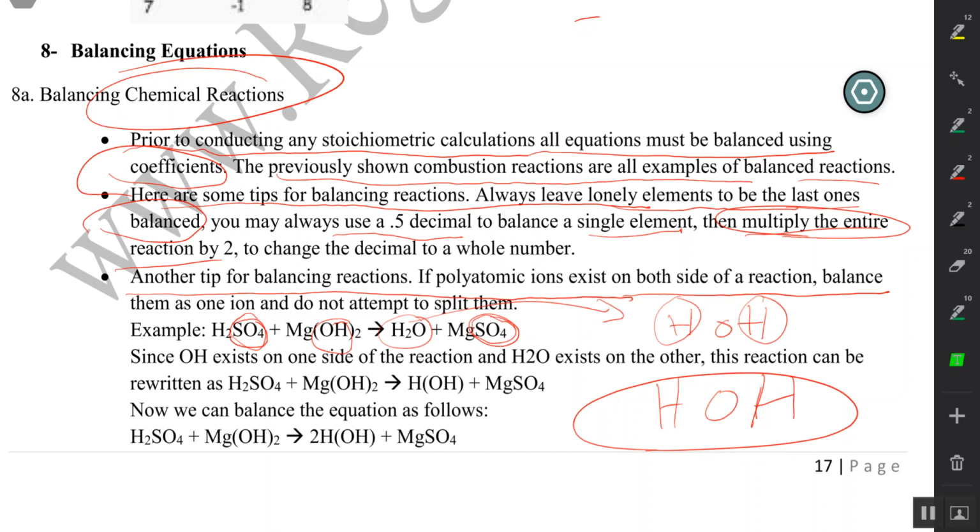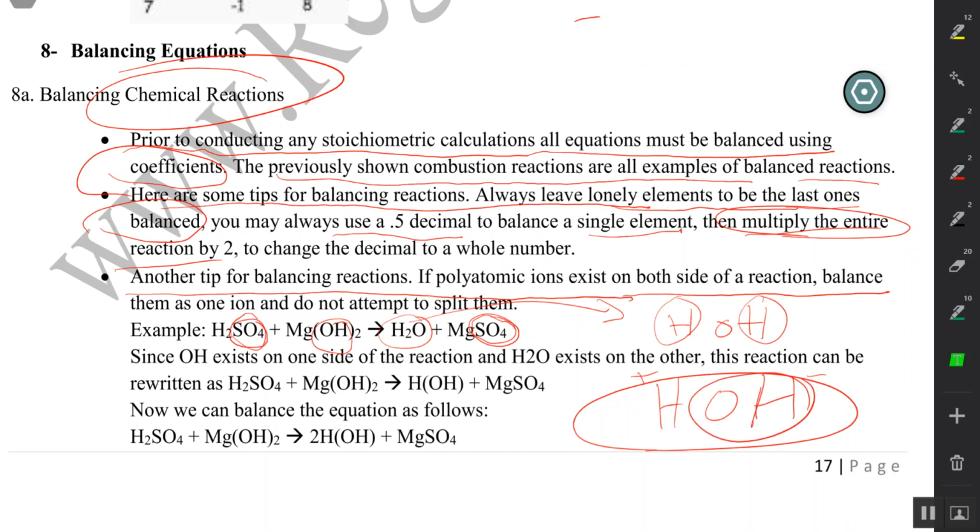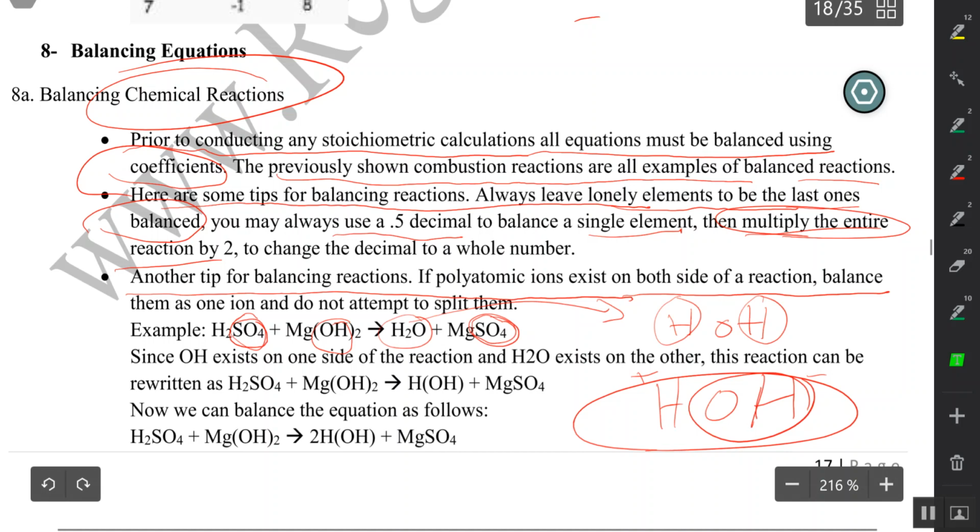You should not write H2O, you should write HOH, because there's a positive hydrogen that combines with a negative hydroxide ion. Since OH exists on one side of the reaction and H2O, or HOH, exists on the other, this reaction can be rewritten as H2SO4 plus Mg(OH)2 yields HOH plus MgSO4.